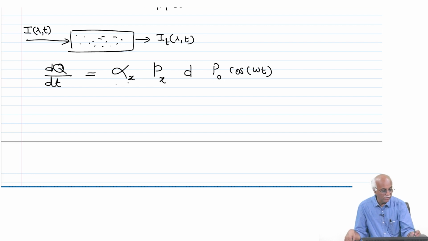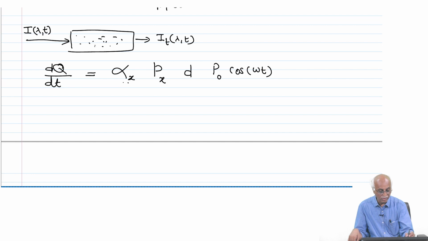Here dq by dt represents the heat generated and how it varies with time.